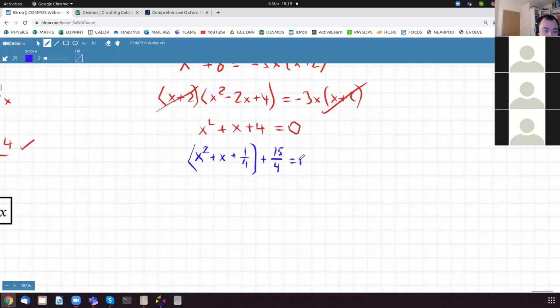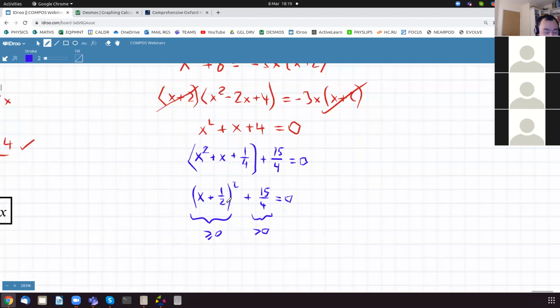So x plus a half squared plus 15 quarters equals 0. Now let's look at this expression. Well, we know that this expression is non-negative because it's a square, and this number is positive.